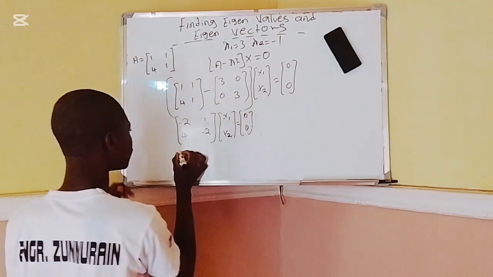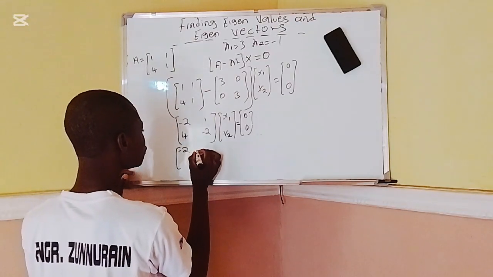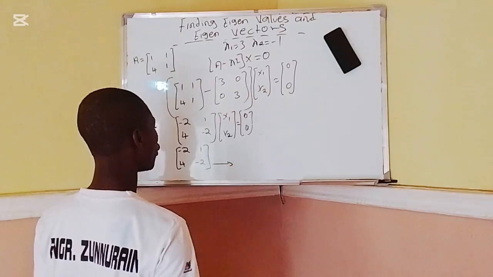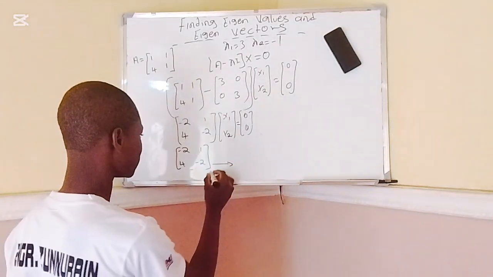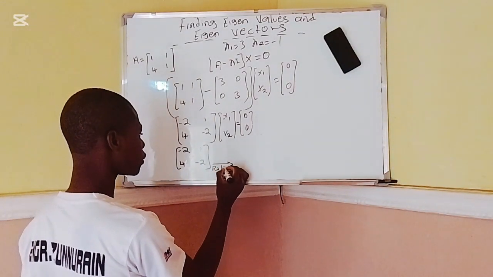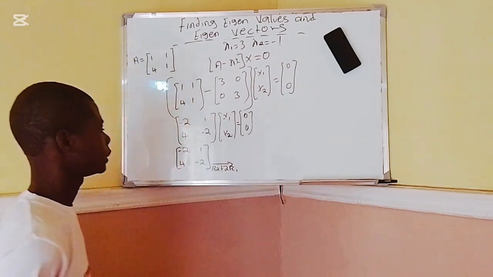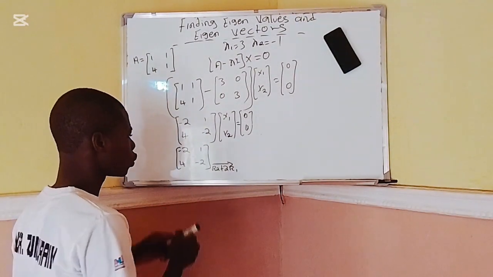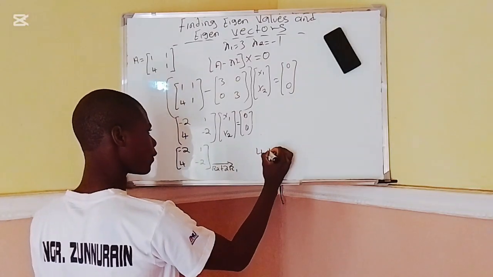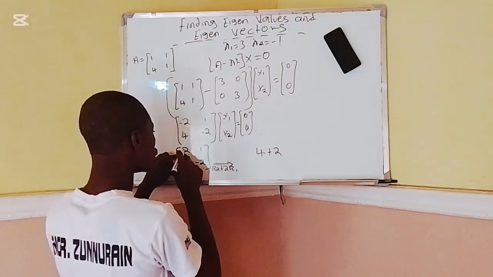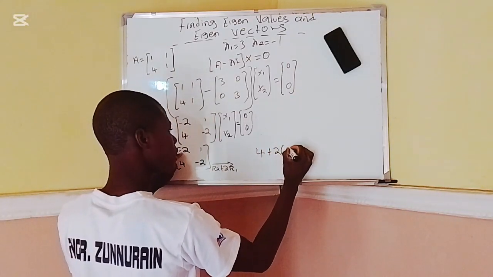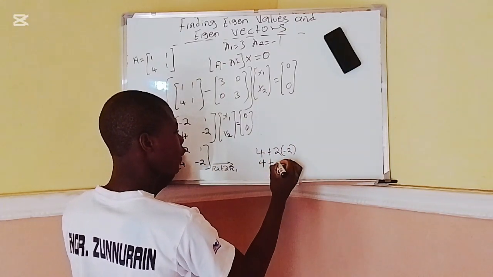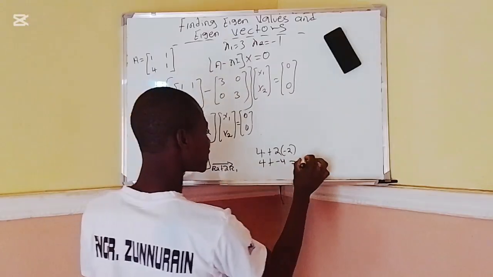To make this 0, minus 2, 1, 4, and minus 2, if I say that row 2 plus 2 row 1, this is row 2, which is the same thing as 4 plus 2 multiplied by row 1, which is negative 2. This is 4 plus 2 multiplied by this, which is negative 4. Wow, it gave me 0.